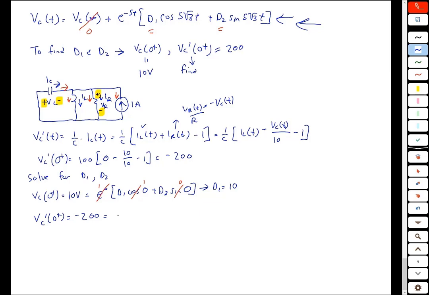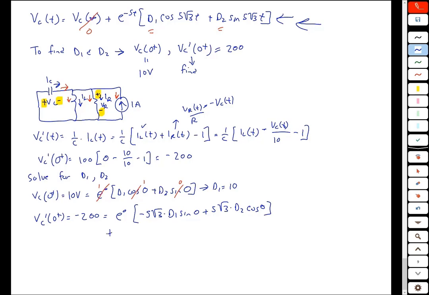So the first, e to the 0, times the derivative of the second. The derivative of cosine is minus sine, so minus 5√3 times d1 times sine of 0, plus the derivative of sine is cosine, so the 5√3 comes out of that, times d2 cosine of 0, plus the second times the derivative of the first.